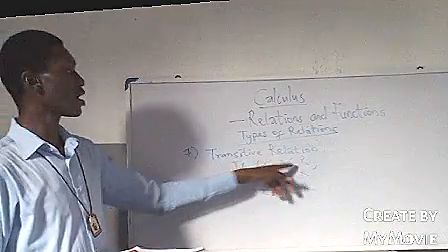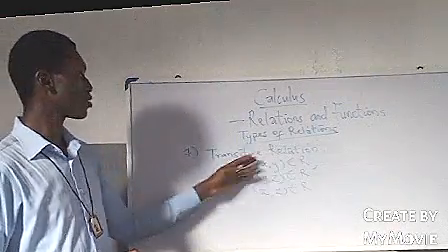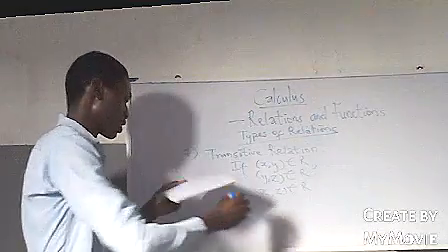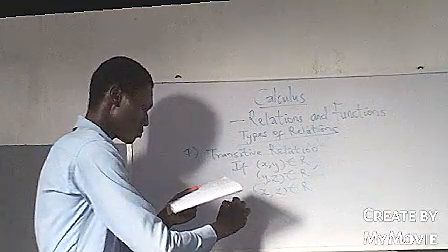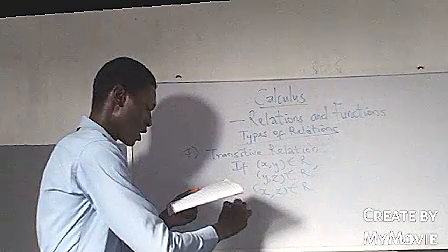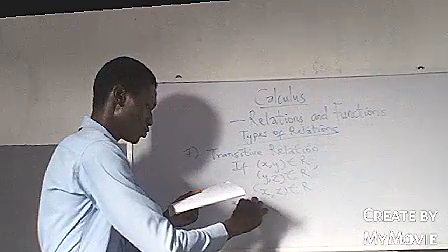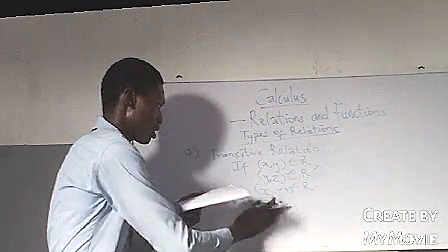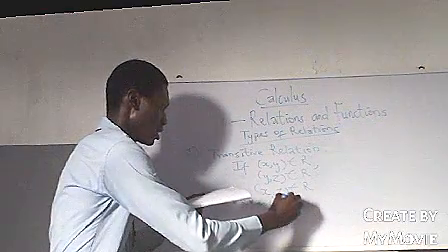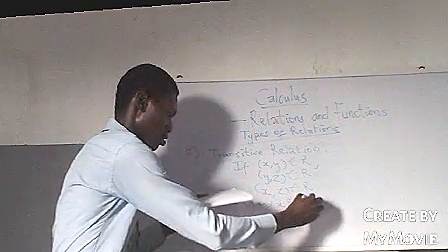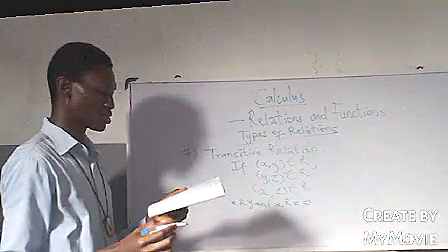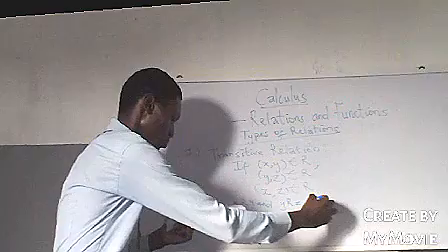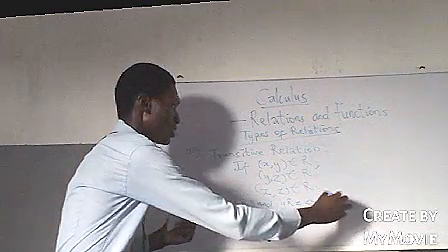So if we are saying X and Y are members of R, Y and Z are members of R, what it means is that X and Z are also members of what? R. So in summary, we can say that X related to Y and Y related to Z will also give us X related to what?